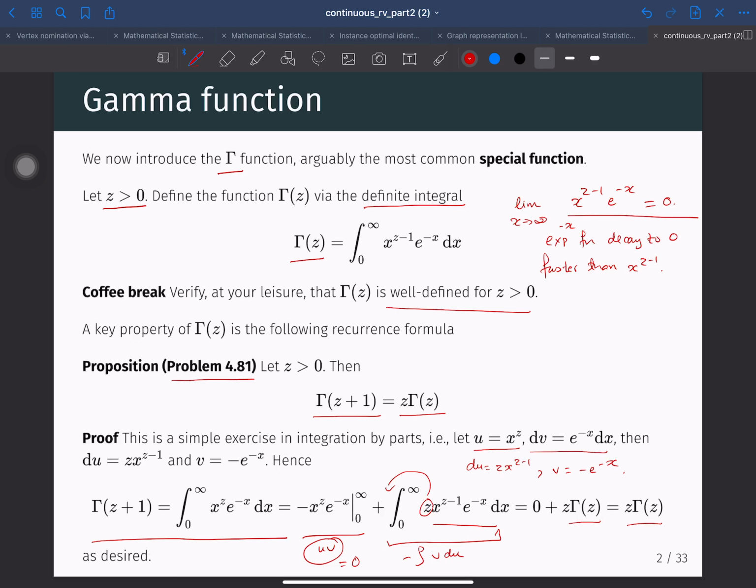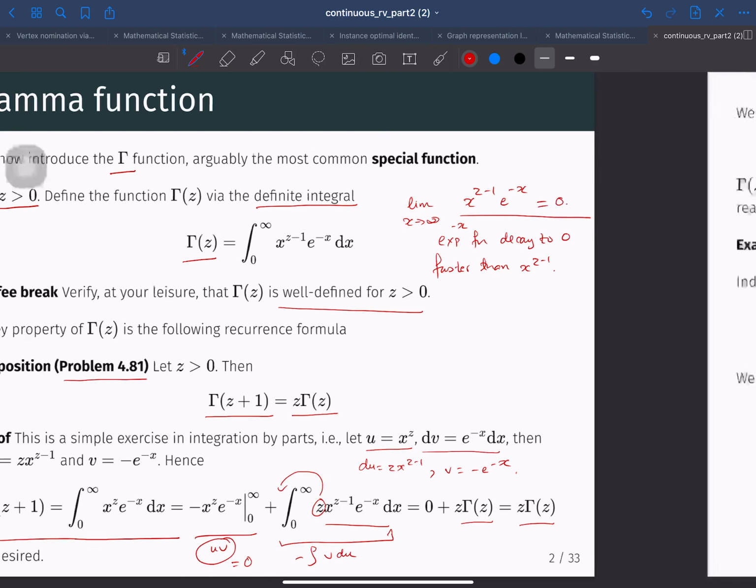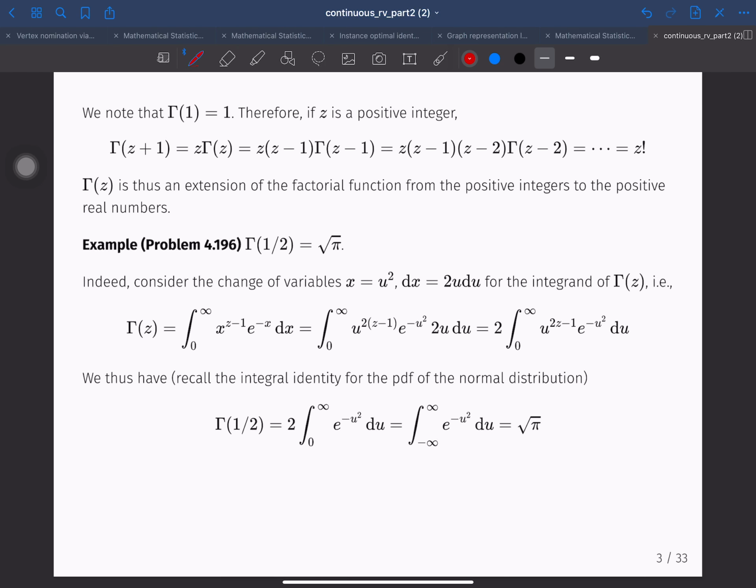So a nice consequence of this recurrence equation is the following. First, we note that gamma 1 equals 1. Verify this at home. Then for any positive integer z, we have that gamma of z plus 1 is z gamma z. And gamma z is z minus 1 gamma z minus 1. So you can add that in. And then gamma z minus 1 is z minus 2 gamma z minus 2.